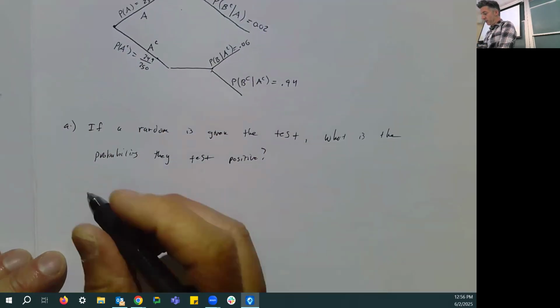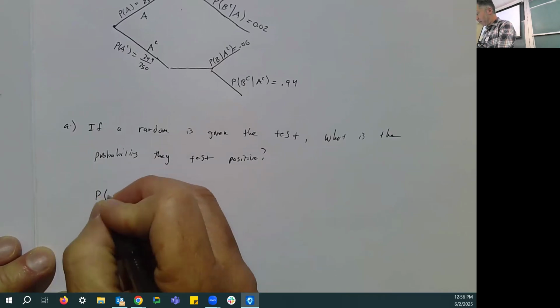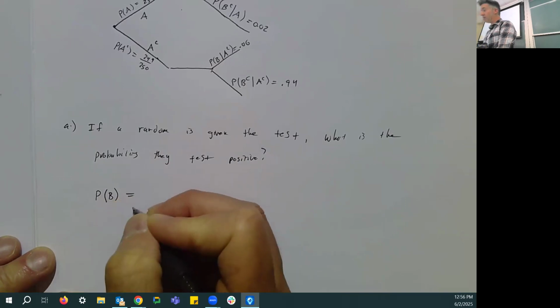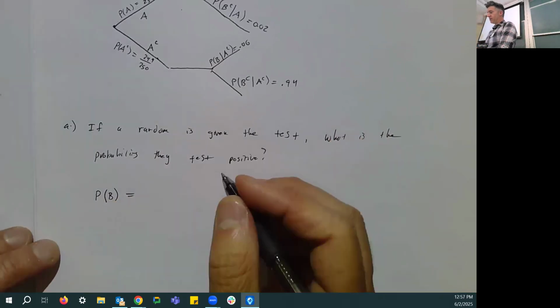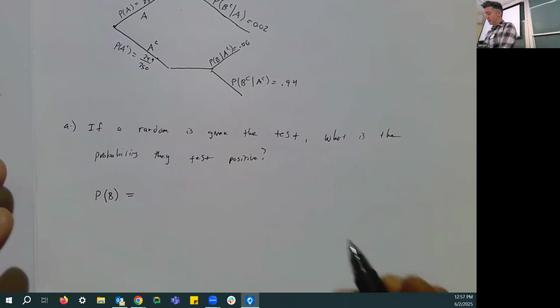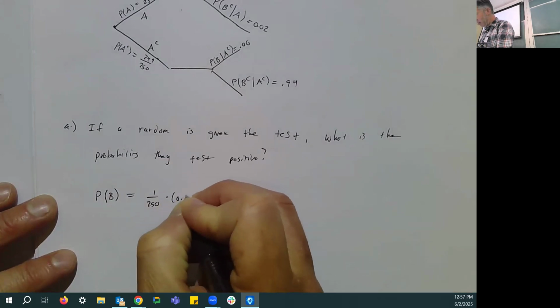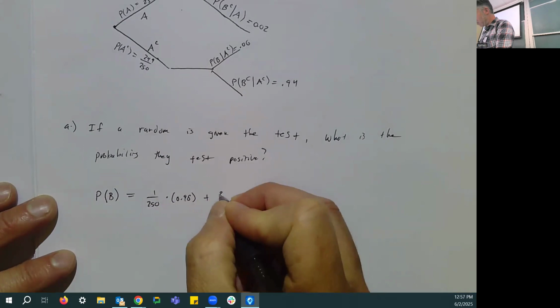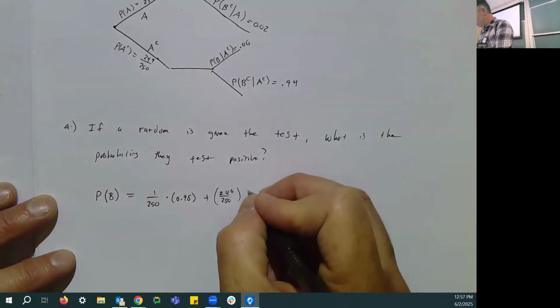So my probability of B is going to be all the ways I can test positive. Here's what I really write down: 1 over 250 times 0.98 plus 249 over 250 times 0.06.